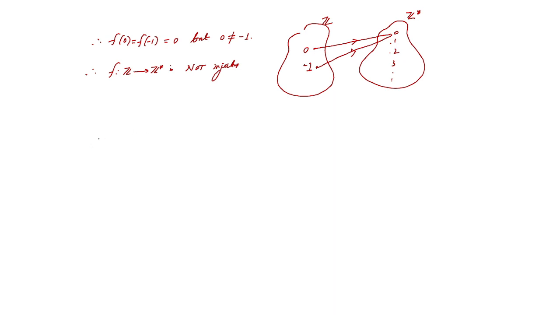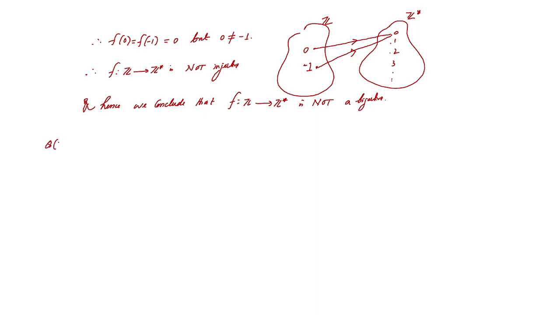And if a map is not injective, hence we conclude it is not bijective, because a bijective map is injective as well as surjective. So not injective implies not bijective, or not surjective implies not bijective.